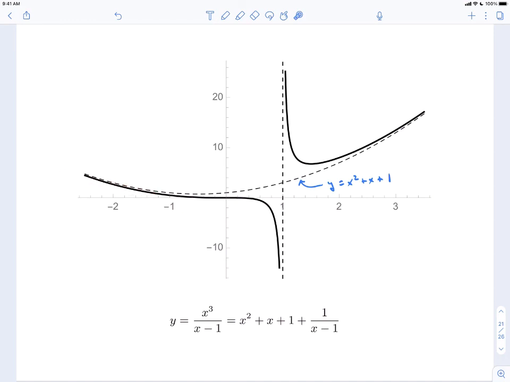So you can have nonlinear asymptotic behavior with two curves getting really close to each other without one of them being a line. And as you can see from the graph, you don't even have to go very far from x equals 0 before these two graphs start getting very close to one another.